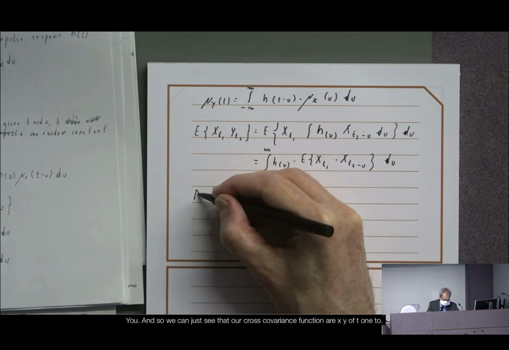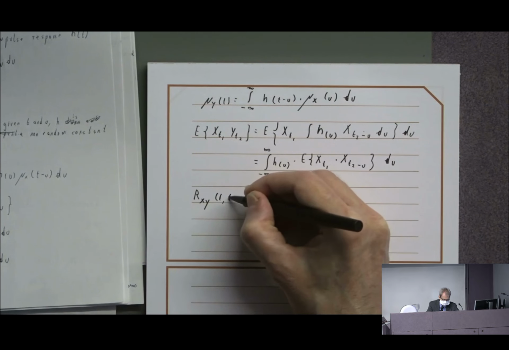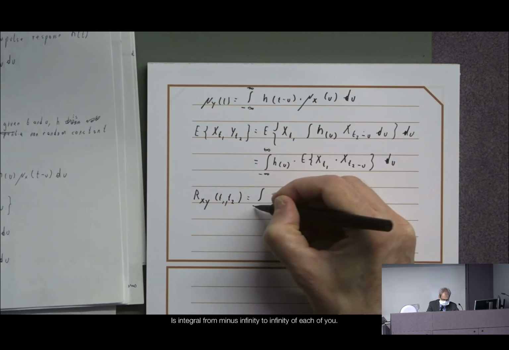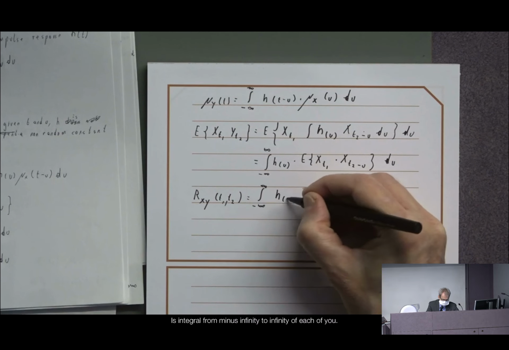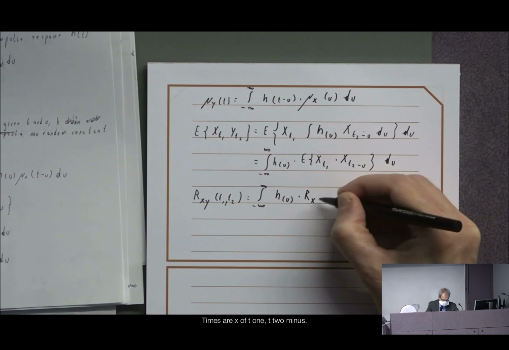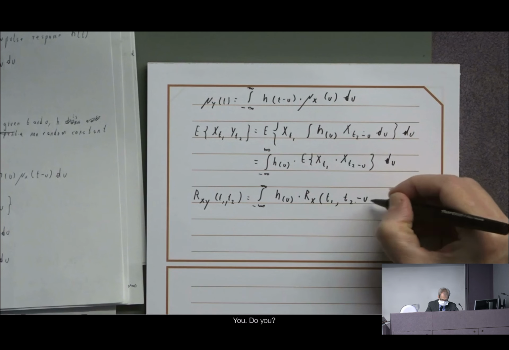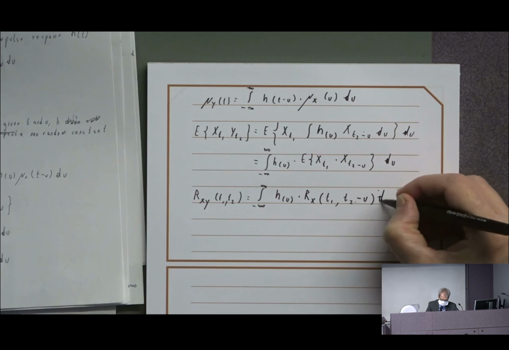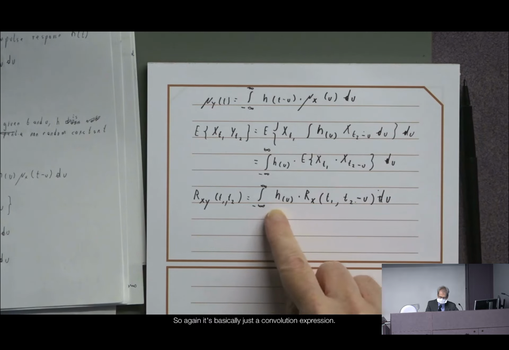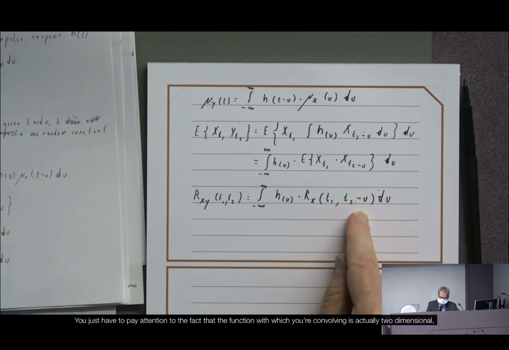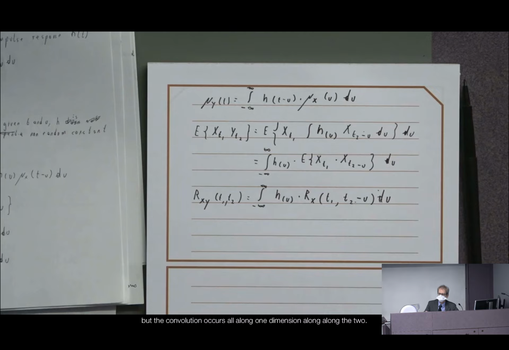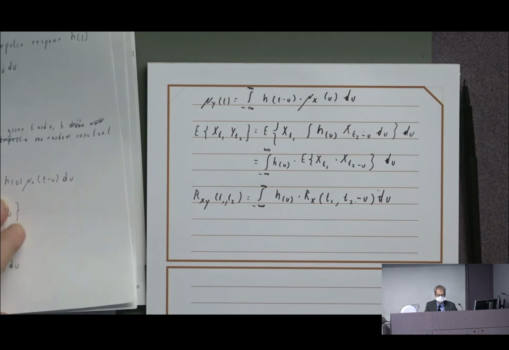So we can say that our cross correlation function r_xy(t1, t2) is the integral from minus infinity to infinity of h(u) times r_x(t1, t2 minus u) du. Again, it's basically just a convolution expression. You just have to pay attention to the fact that the function with which you're convolving is two-dimensional, but the convolution occurs only along one dimension, along t2.